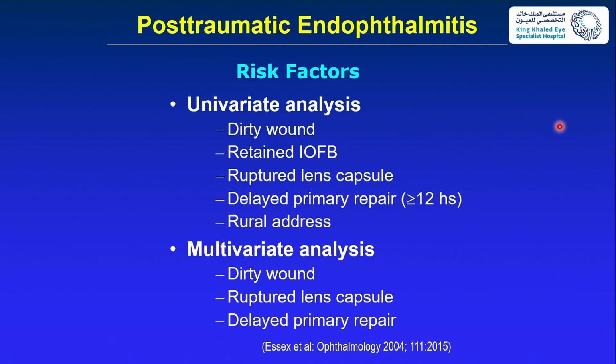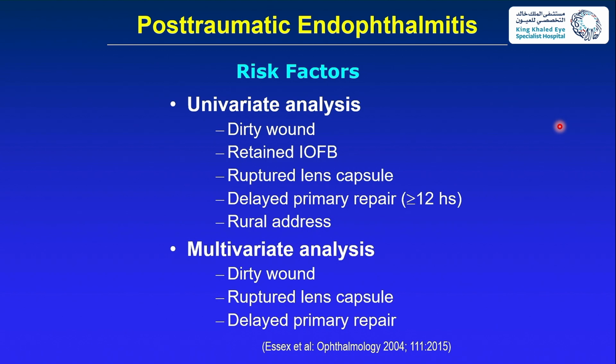Now, this was a nice study that did both univariate and multivariate analysis to identify the risk factors. It is important to discuss risk factors so that we know how to prevent the disease. On univariate analysis, the risk factors were dirty wound. If a patient comes with a dirty wound, it's an important risk factor.